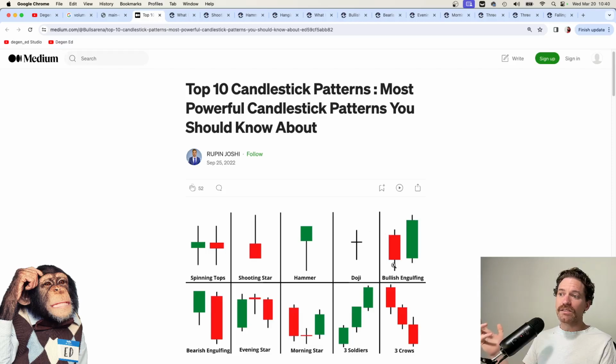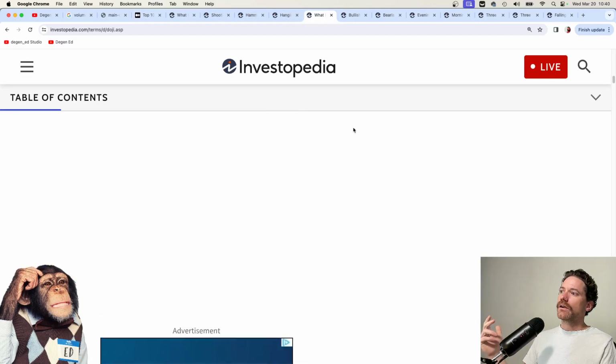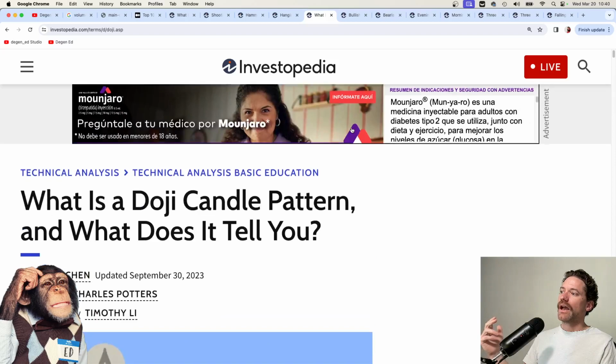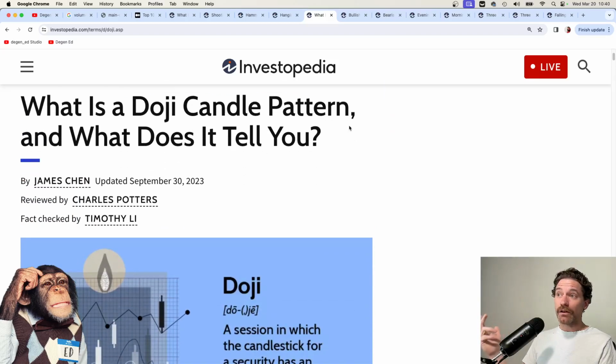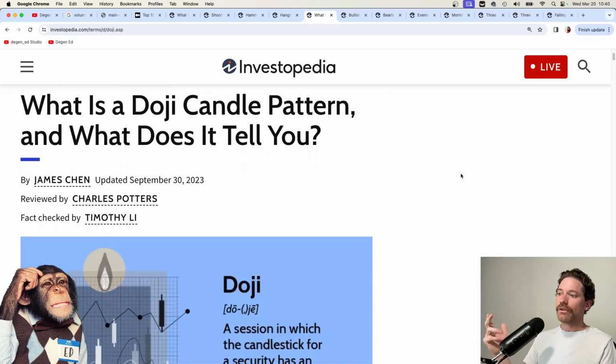Next one on the list is the Doji, and that is really just open and close being the exact same price, but you do have wicks above and tails below. From that, I will look here at, let's see, I scrolled down for this: what is a Doji candle pattern, and what does it tell you?